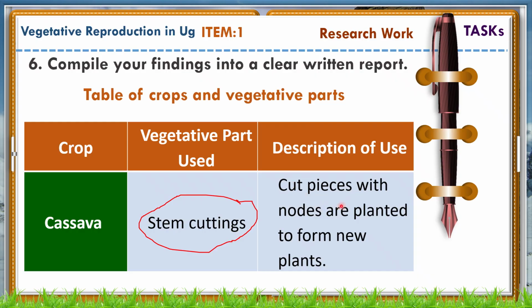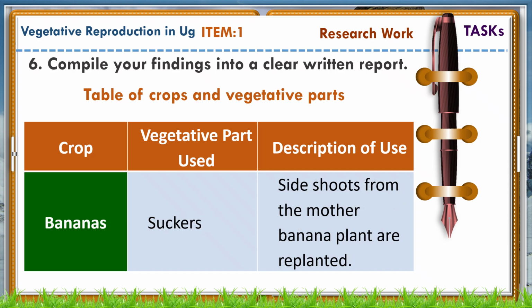Cut pieces with nodes are planted to form a new plant. Then we go to bananas. For bananas, we use the suckers. The side shoots from the mother banana plant are the ones that are replanted.